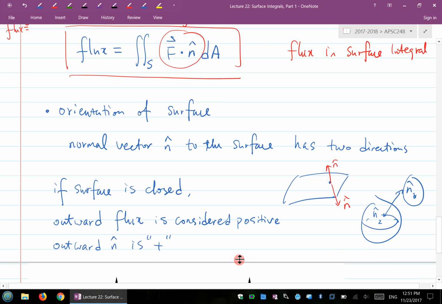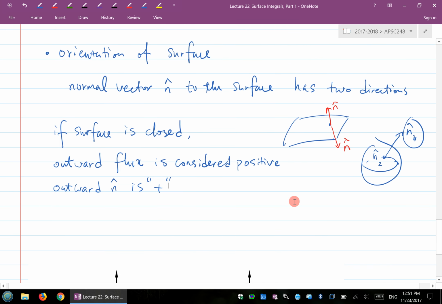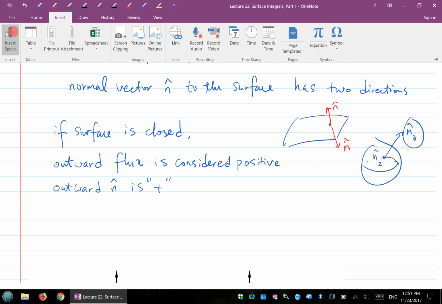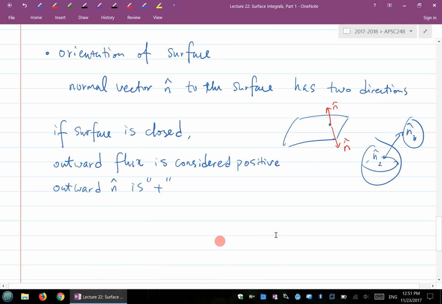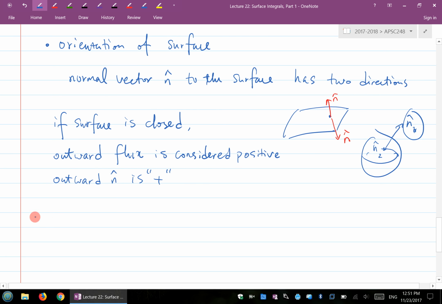All right, so now we come to the evaluation of this surface integral.